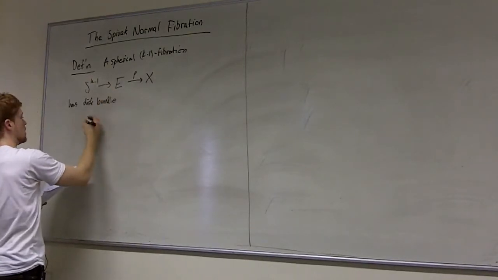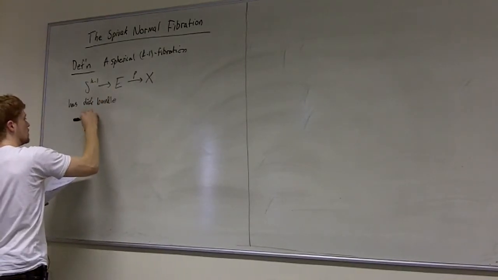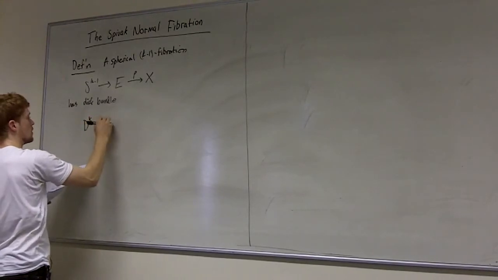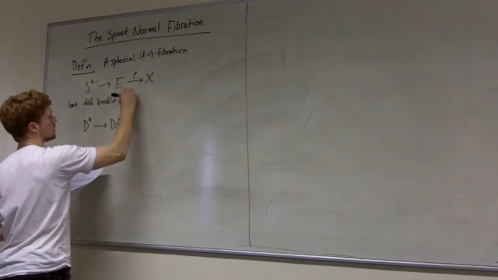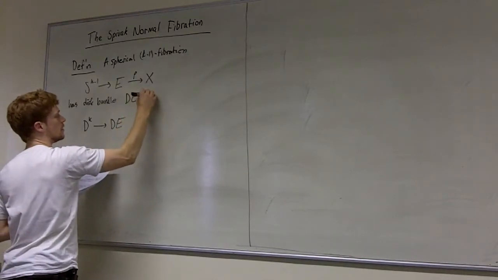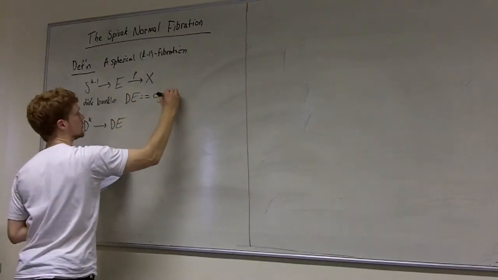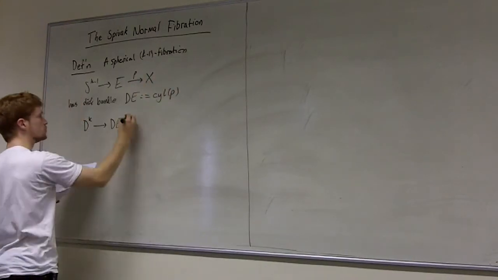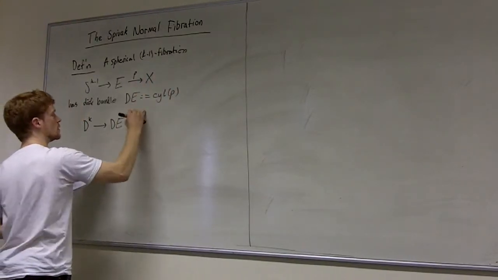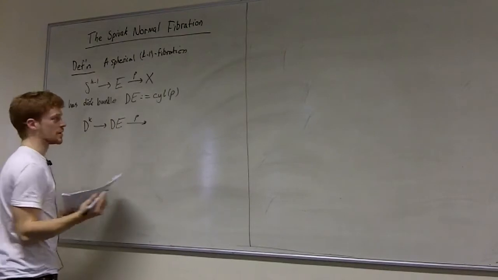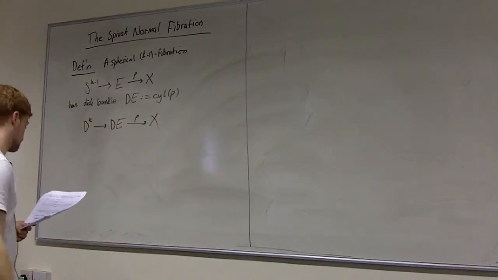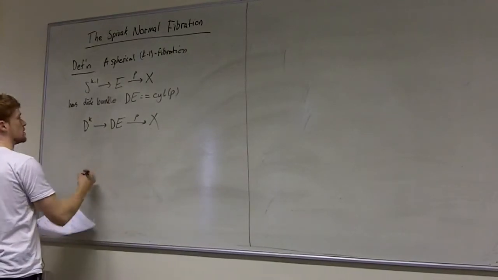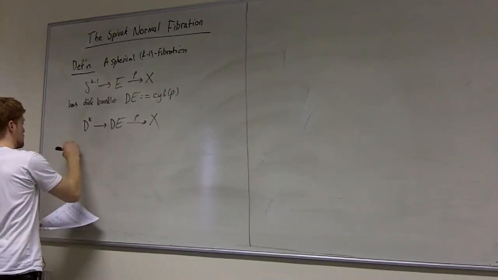So this is going to be D^k, dE. So I'm going to define dE to be the mapping cylinder of P. So whatever I do, it should agree on the level of vector bundles, but be more general. And then again, I'm going to say it has Thom space.